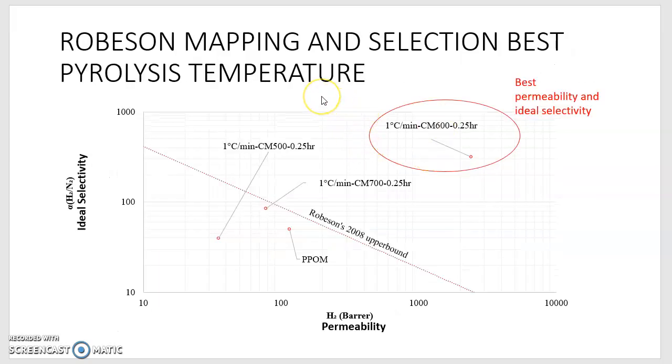The performance result just now was then mapped into Robeson plot, where it was obvious that carbon membrane with pyrolysis temperature of 600 degrees Celsius has superior performance both in terms of permeability and ideal selectivity. Therefore, the carbon membrane is selected for further enhancement by adjusting the heating rate.